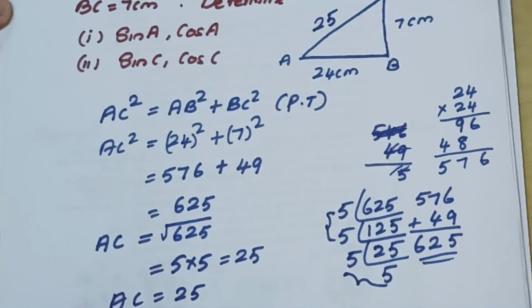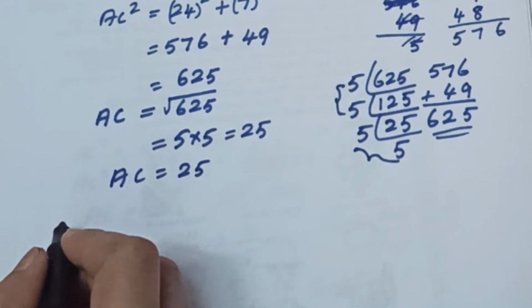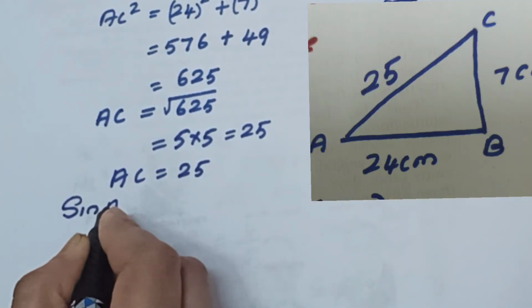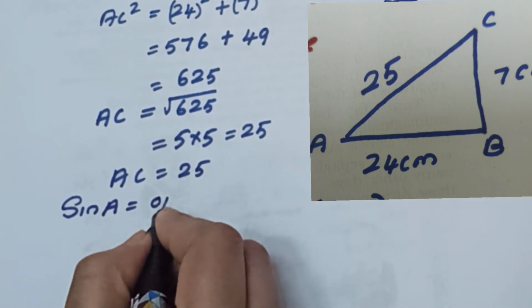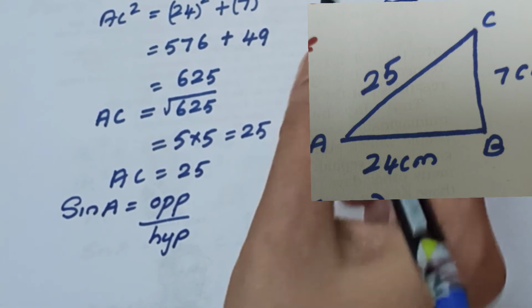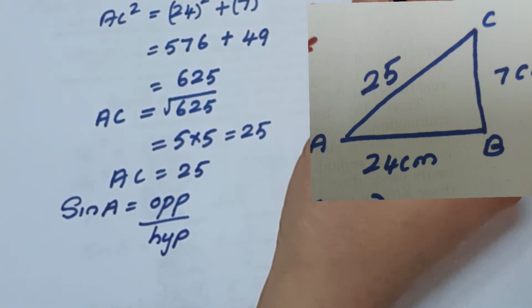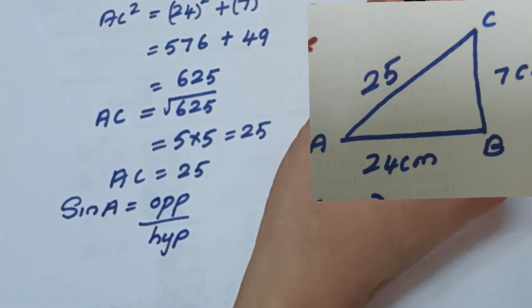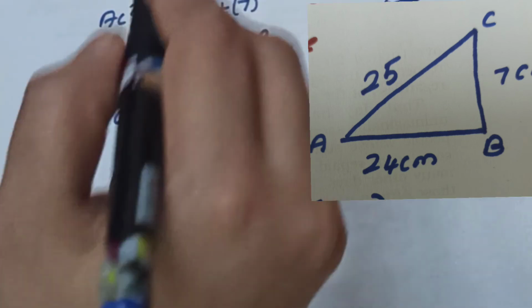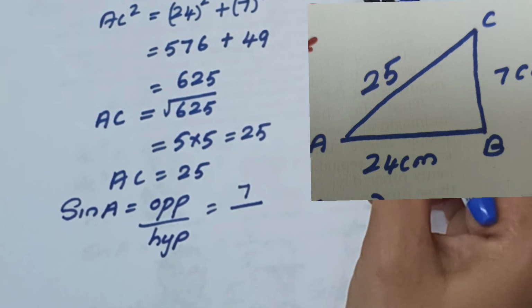Now we have to find sin A. We know sin A is equal to opposite side by hypotenuse. What is opposite side here? Opposite to A is BC, that is 7. What is hypotenuse here?